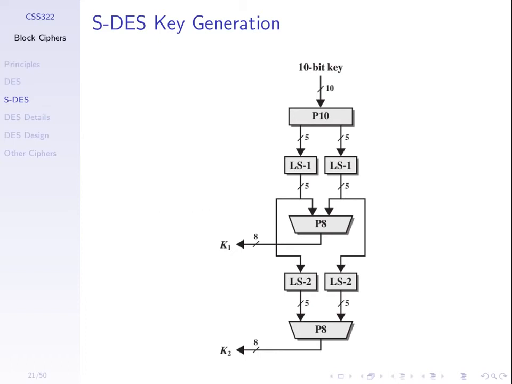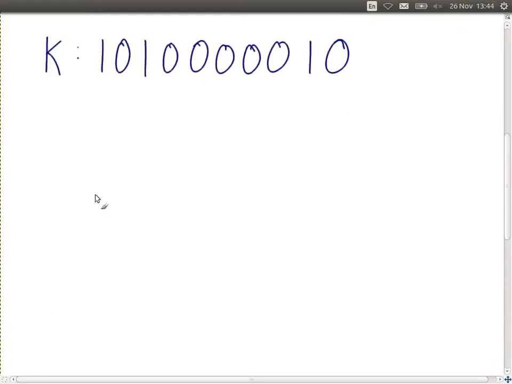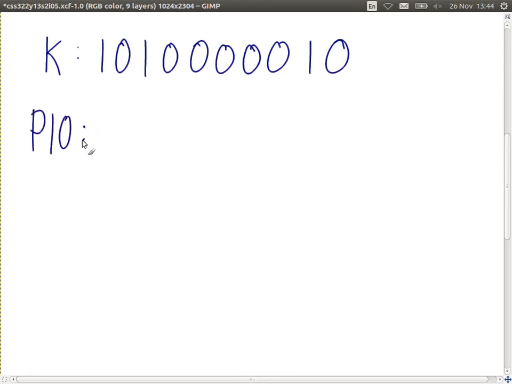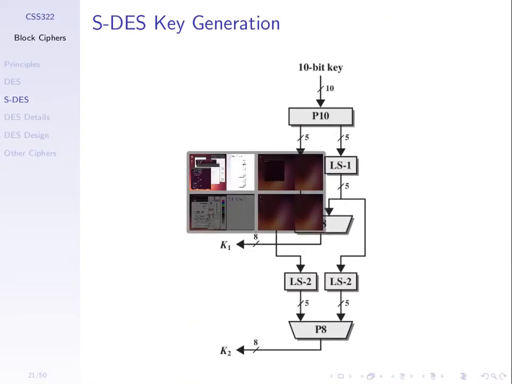So let's go through that with our 10-bit key. The first thing is we apply P10. With our key, after applying P10, that rearranges those 10 bits. But how? That's defined on one of the slides.